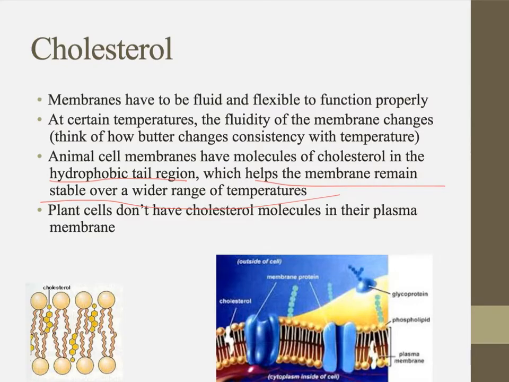If you have a diet high in saturated fatty acids and cholesterol, sometimes that can lead to an increase or an overload of cholesterol in the bloodstream, causing all kinds of naughty things to happen, like heart attacks and other things. Okay, so we don't want that. If you're looking to cut down on your cholesterol, you should be eating plants because they don't have cholesterol in their membranes.